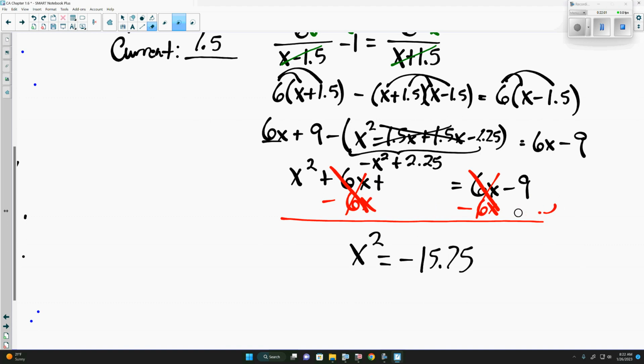Except that's not going to be 6.75. Since it's plus 2.25, this is now going to be 11.25. Still is going to give us a negative.